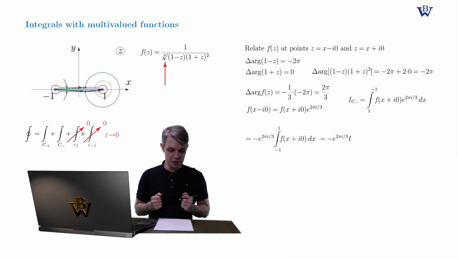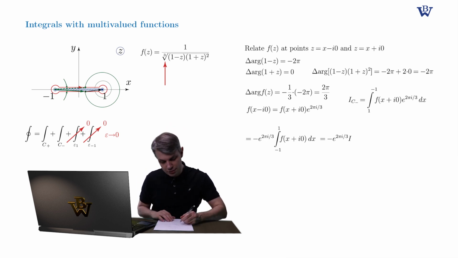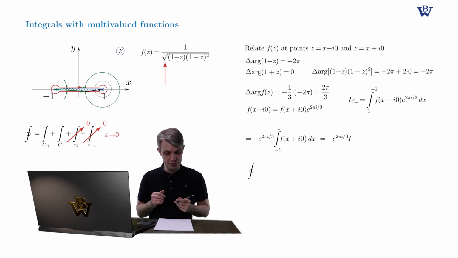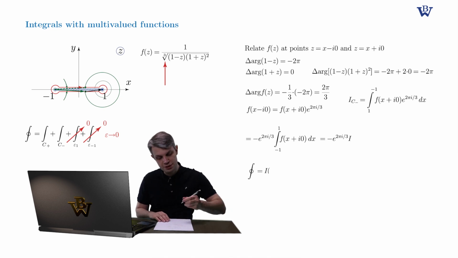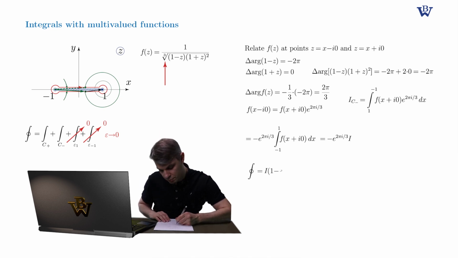So one more goal is achieved. We expressed our closed contour integral via the initial integral, namely it's equal to our initial integral times 1 minus e to the power of 2 pi I by 3.